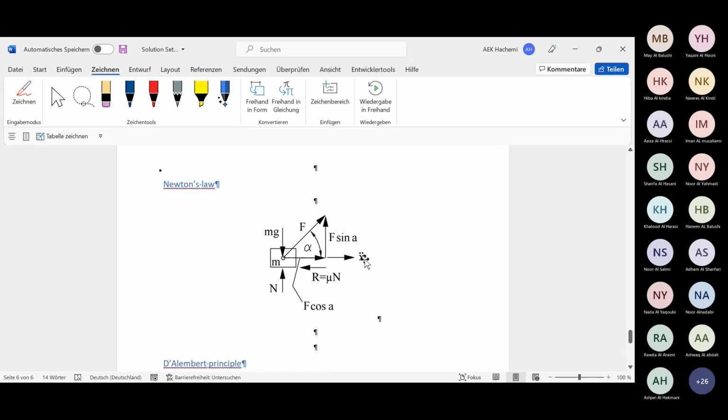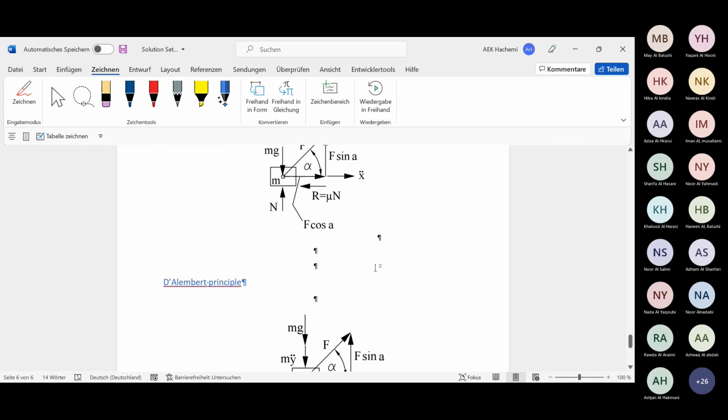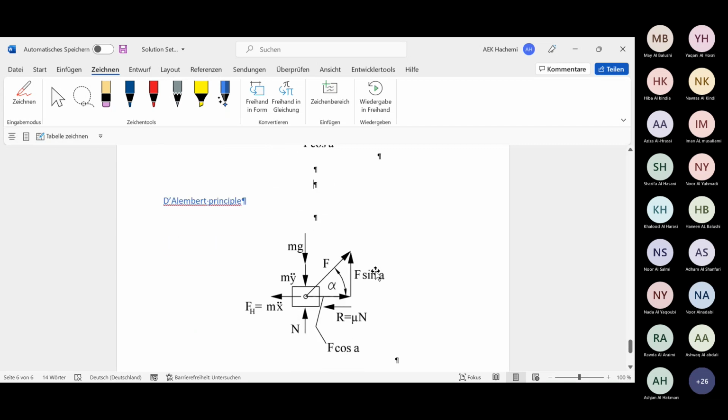We take this coordinate system x and y, and we also take the velocity as well as the acceleration along this direction. If we apply this, we will get two equations, one in the x direction and the second in the y direction. The same principle can be applied for D'Alembert.